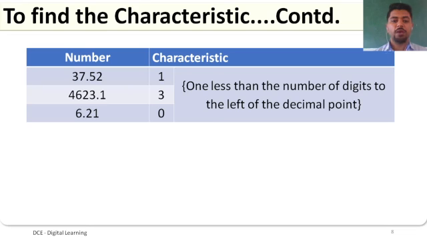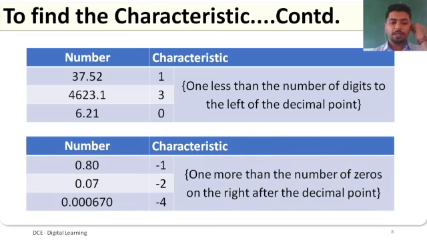So by applying rule 1, we found out that the characteristics are 1, 3 and 0. Similarly, when the number is less than 1, we have to see the number of zeros immediately after the decimal point.